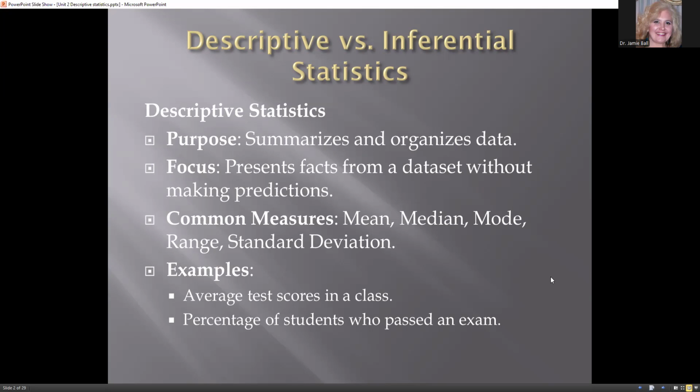It's just straight facts that we can glean from the data about it. The most common measurements are mean, median, and mode, range of scores from the lowest score to the highest score, standard deviation. So some examples include an average test score for a class, or percentages of students who passed an exam.